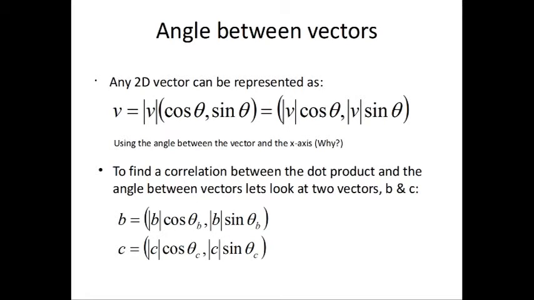So to find a correlation here between the dot product and the angle between vectors, we're going to look at these two vectors. So the vector b is the length of b multiplied by the cosine and sine of the angle theta b, which is basically the angle from the x-axis up to b. And the same for the vector c.